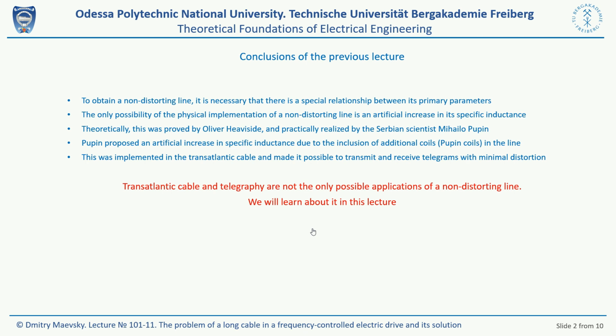Theoretically, this patch was proposed by Oliver Heaviside, and practically it was implemented by Serbian scientist Mikhail Pupin. This implementation made possible the correct transmission of signals over the cable between Europe and America and ensured stable telegraph communications between the two continents for many years to come.